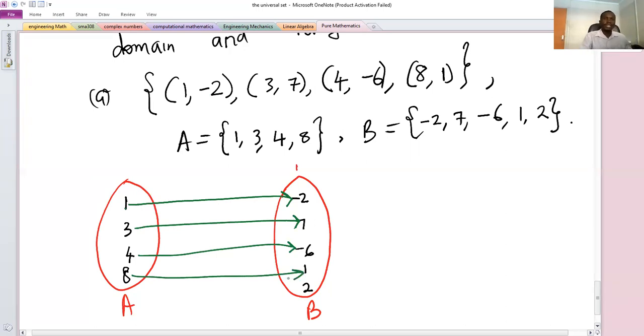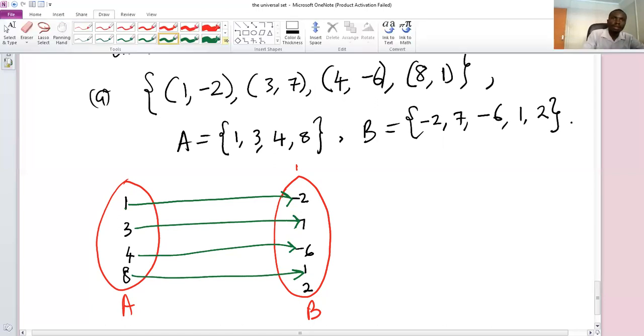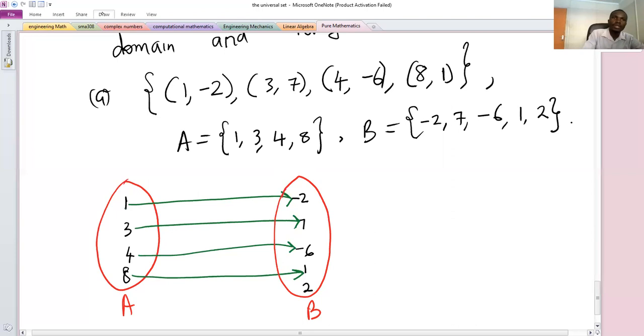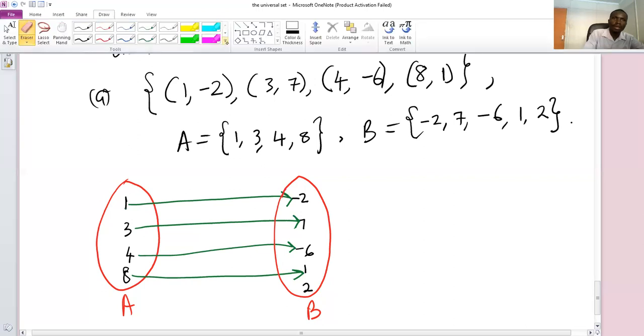Since there is no element from set A that has 2 arrows going to different elements in set B, then this given relation is a function.